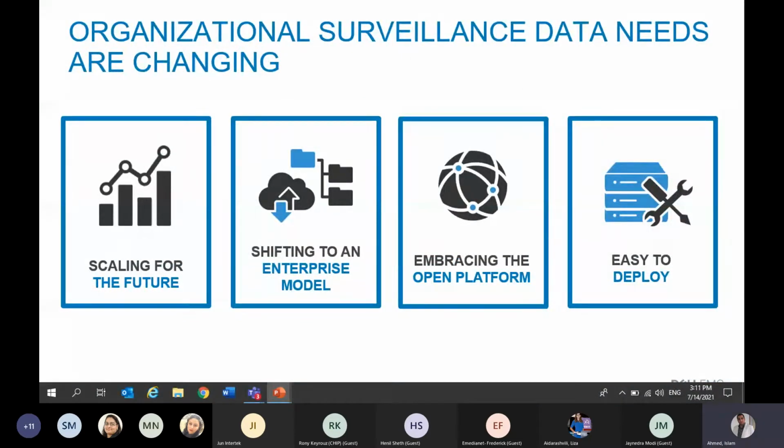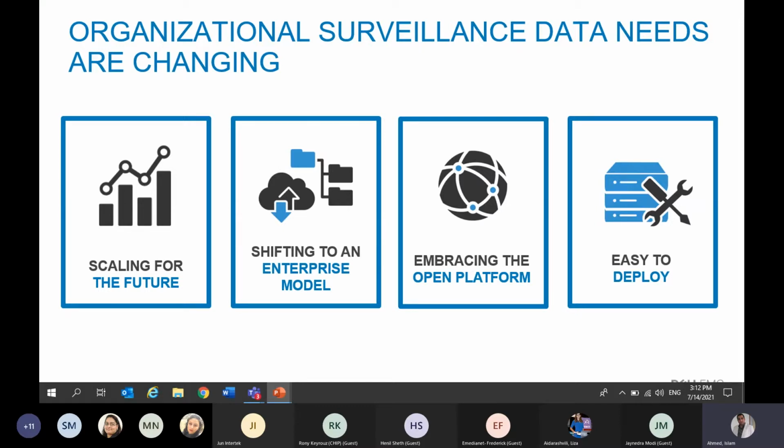As we said, this significant increase in data makes organizations need to shift their way of thinking about surveillance data and how they treat their surveillance application.